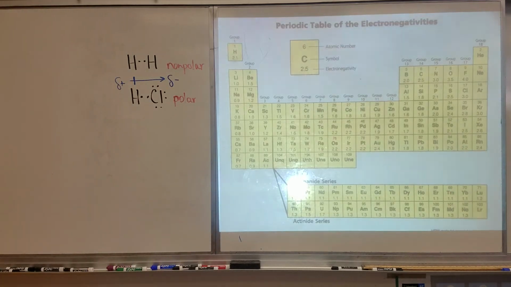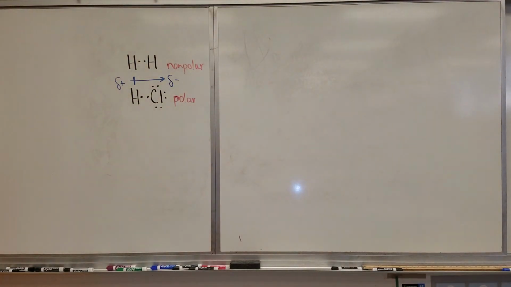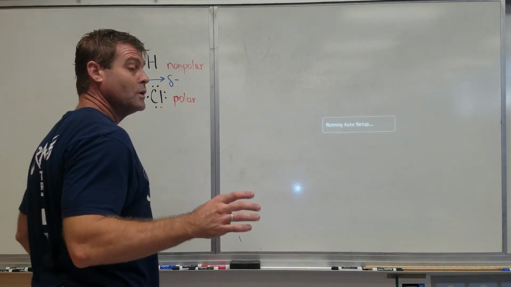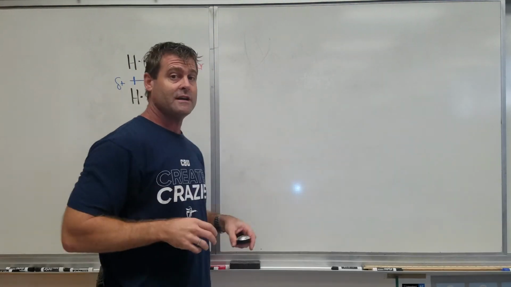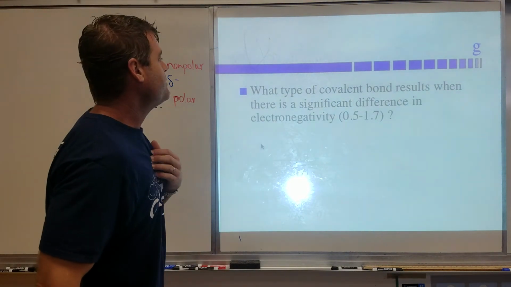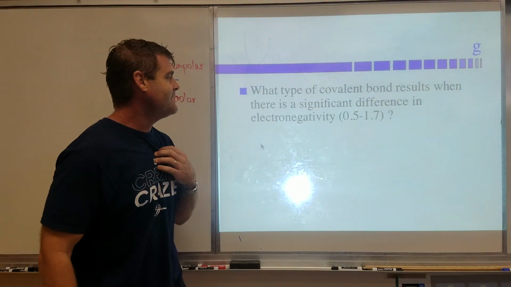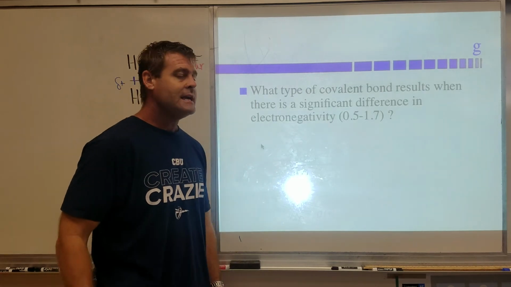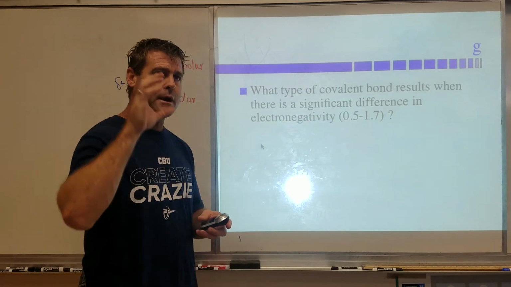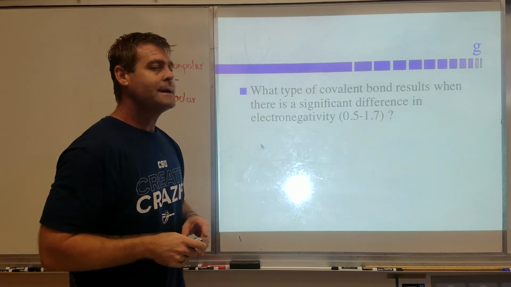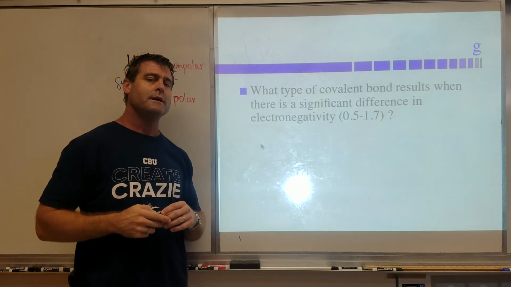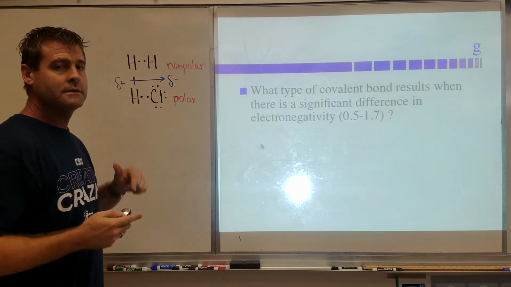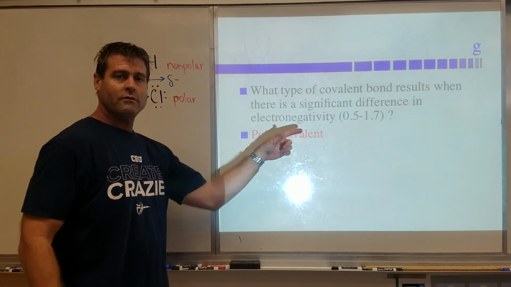So that being said, what we do is compare the electronegativity values of the two atoms in question. What type of covalent bond results when there's a significant difference in electronegativity? Let's say the difference is pretty large. So we compare one electronegativity with another. What type of covalent bond would that be? Wouldn't that be a polar covalent?